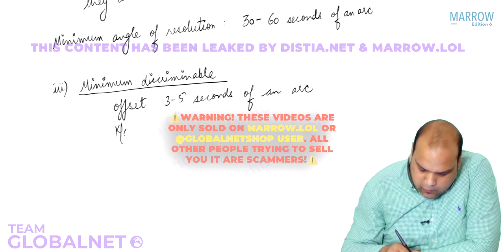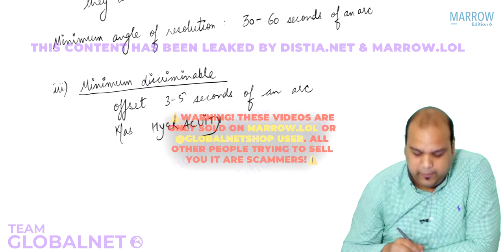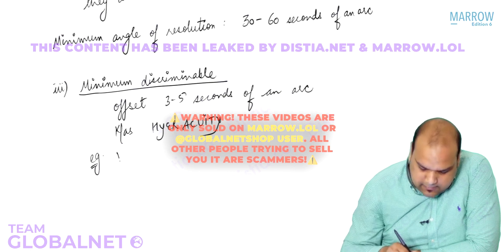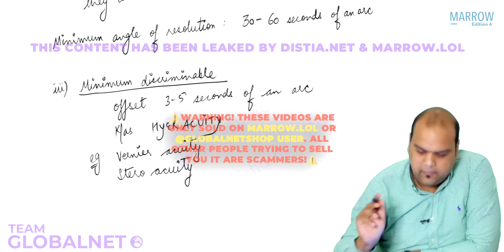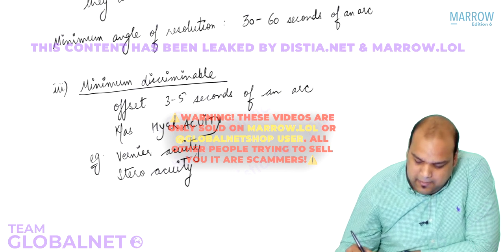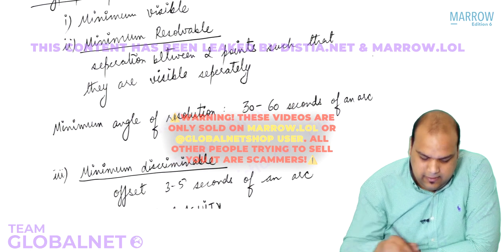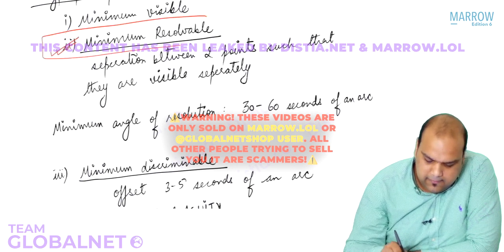This is actually known as hyperacuity. There are two examples. One is called as vernier acuity and the other is called as stereo acuity. Okay. So just remember three components. Please remember that the main component that everything that we talk about in tests is based on is minimum resolvable.